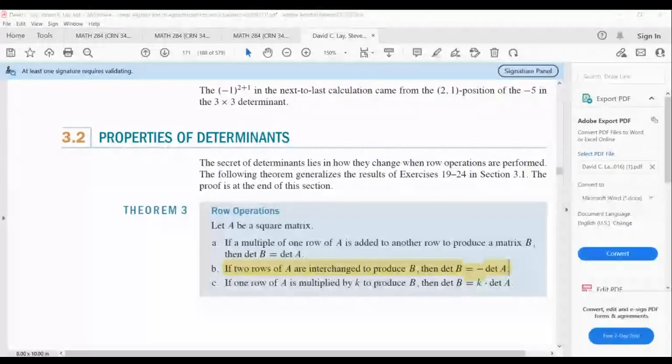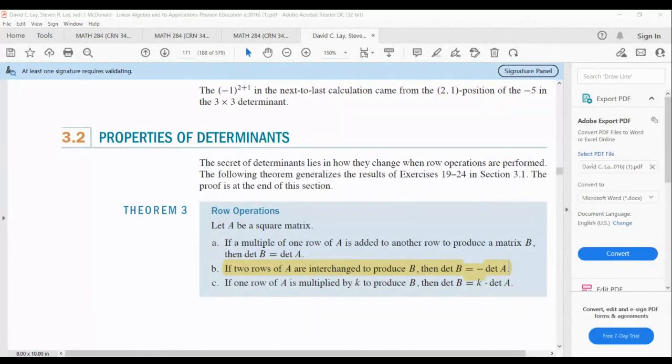In other words, let me be very clear. I'm going back and forth between the book. What we're doing now is I'm trying to convince you that theorem 3 result B is true.